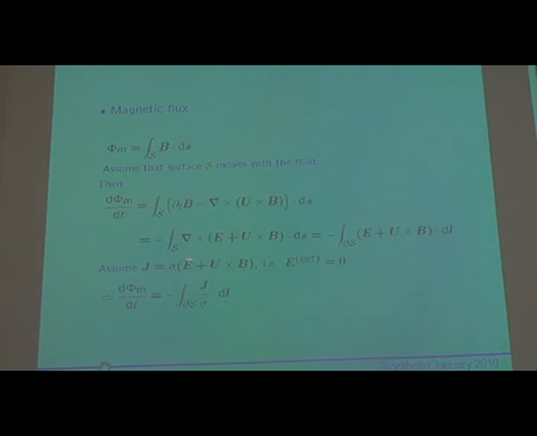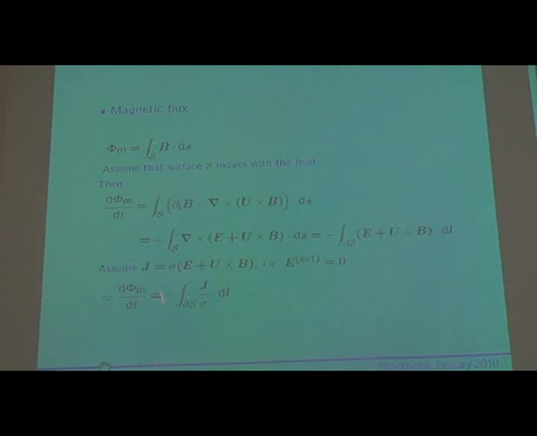Now use Maxwell's equations and replace the dB/dt by minus curl of E. Then you get just this relation, and you can use Stokes' theorem and transform it into an integral over the rim of this surface S, where dl is a vectorial differential along the rim.